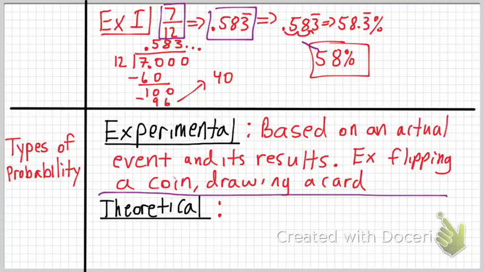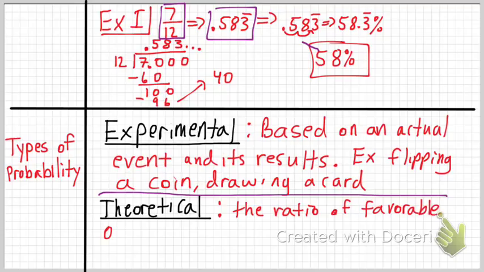You can actually see whether or not a die or a coin is loaded by running that simulation several hundred times and seeing what the probability distribution actually is. So the theoretical probability is the ratio of favorable outcomes to the number of total outcomes.